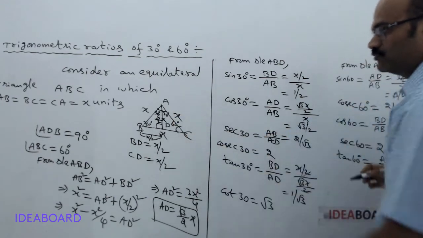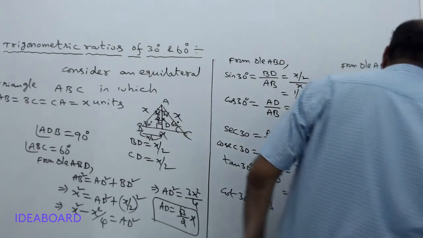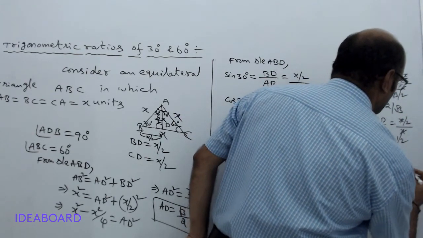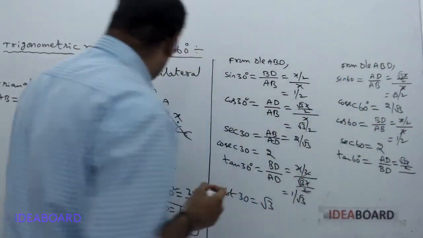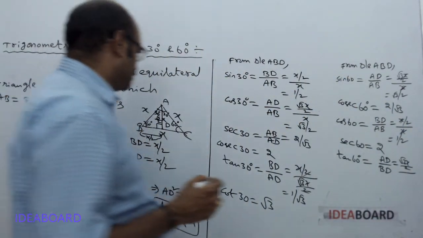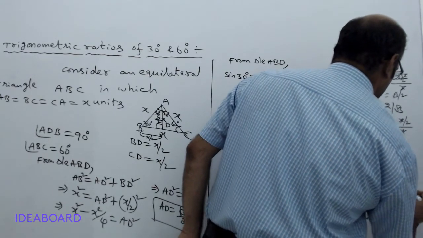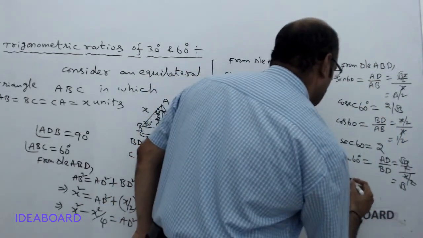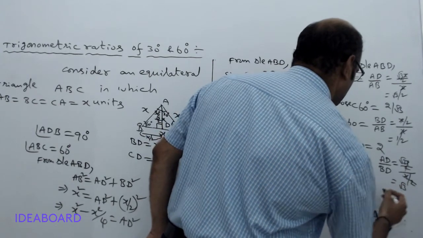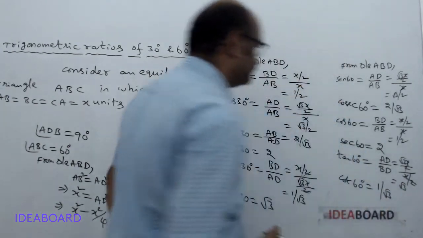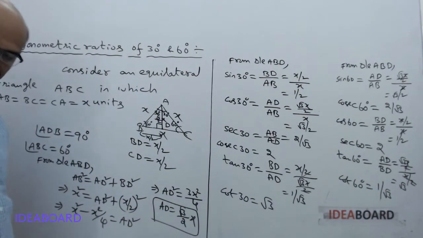AD equal to root 3 x by 2 whole by BD equal to x by 2, equal to root 3. Now cot 60 equal to reciprocal of tan, 1 by root 3.